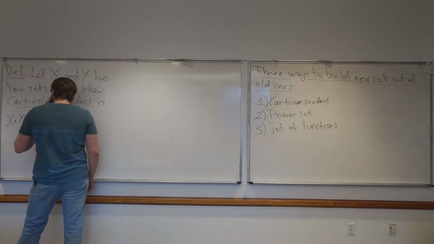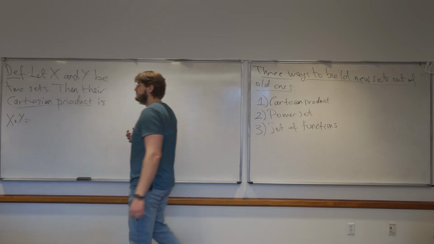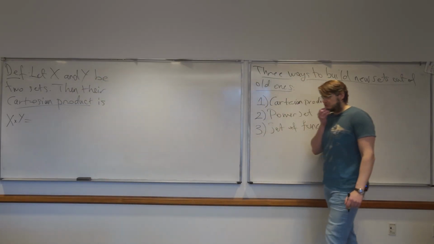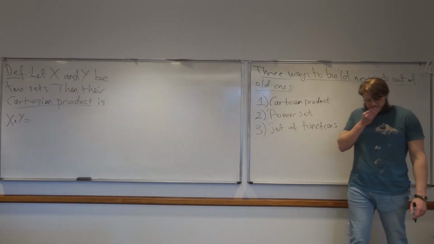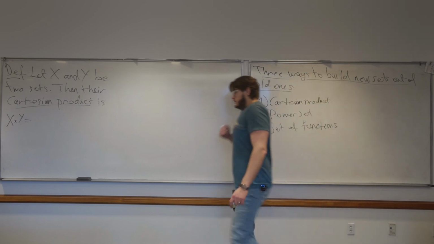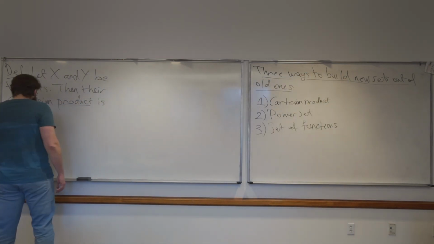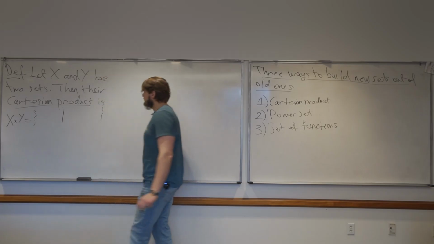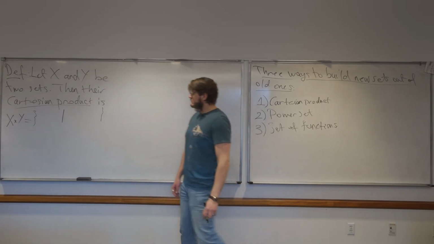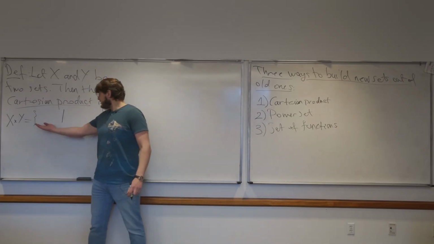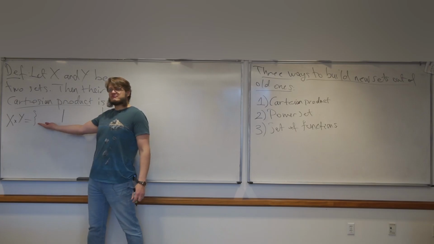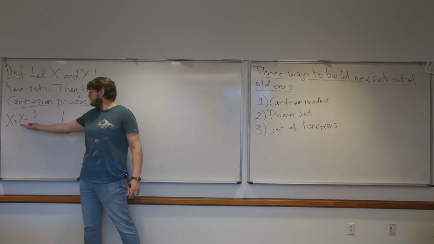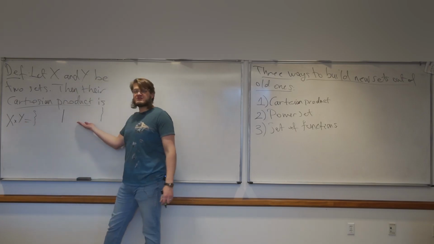And I'm going to use the set builder notation. You see, I've been using this so often. So open braces, bar, close braces. Here you put the general form of the elements that you want in your set, and here you put the conditions.